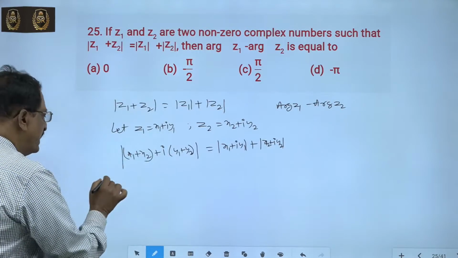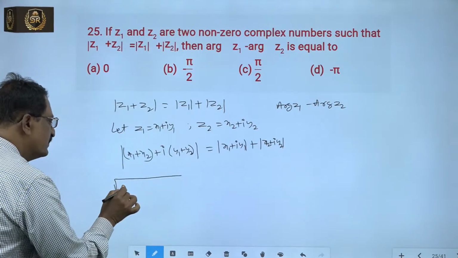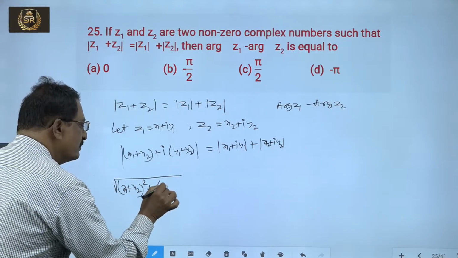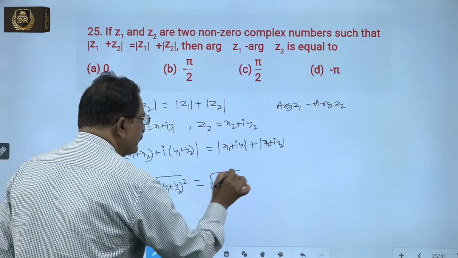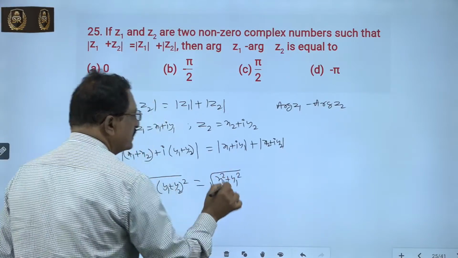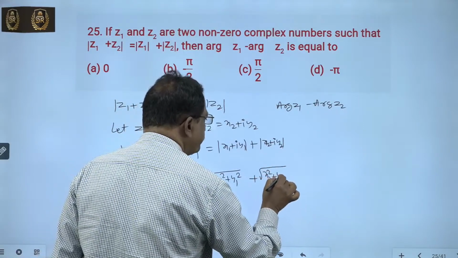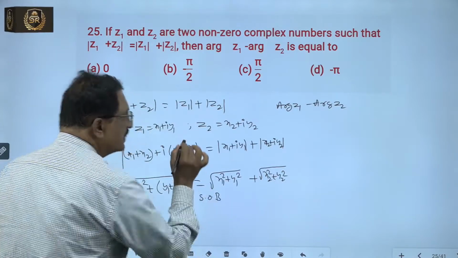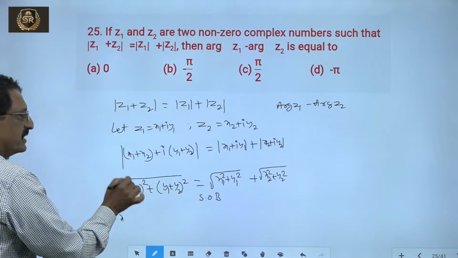Now the magnitude, its modulus or absolute value, equals the square root of x1 plus x2 whole square plus y1 plus y2 whole square, which equals the square root of x1 square plus y1 square plus the square root of x2 square plus y2 square. Now squaring on both sides, the square and root cancel.